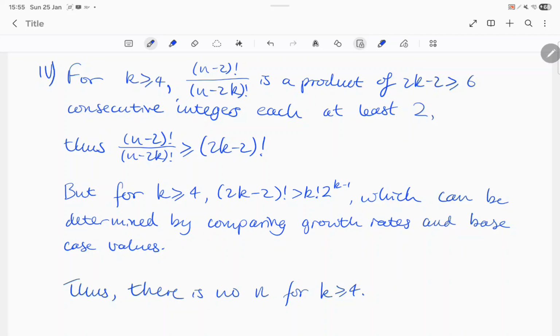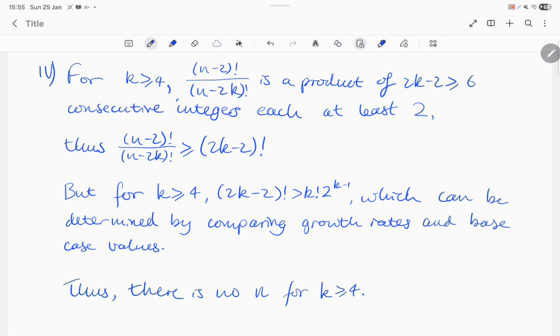However, for k greater than or equal to 4, (2k minus 2)! is strictly greater than k! times 2 to the k minus 1. This can be determined by comparing growth rates and base case values.